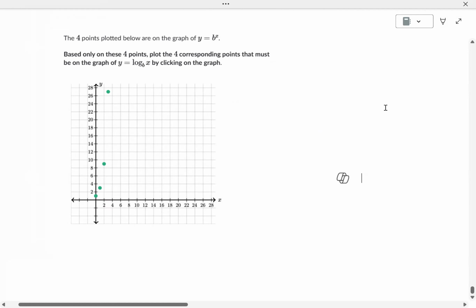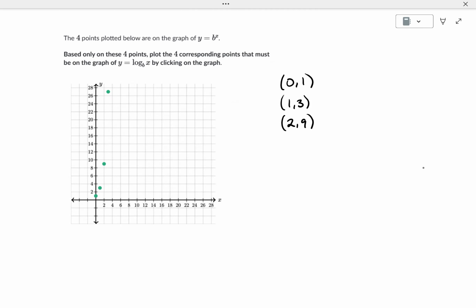So it's the opposite of. So we have x, y for these green points here. So (0, 1) is one of our points. (1, 3) is another point. (2, 9) is another point. And it looks like (3, 27) is another point.